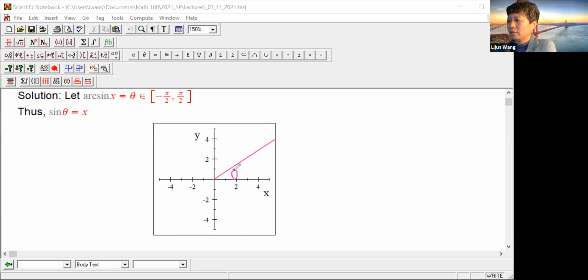This is theta, right? And of course, it could be the other line. So you have shown your reader you really understand this process. It could be theta here, it could be theta as well, but you just work on one of them.